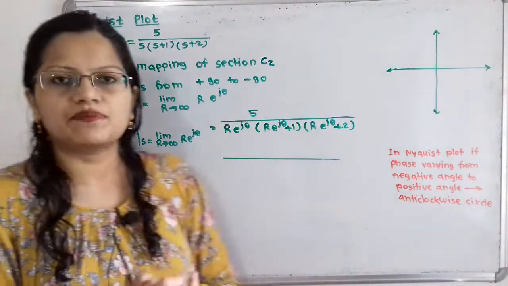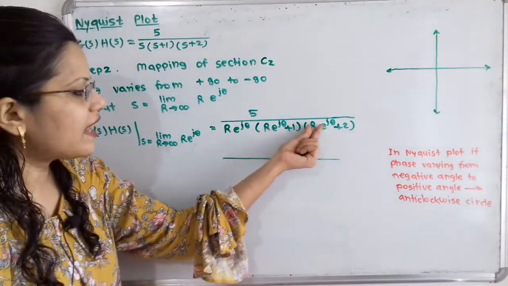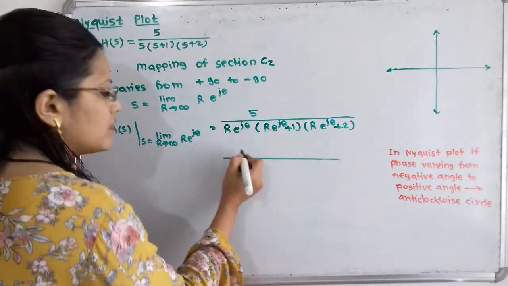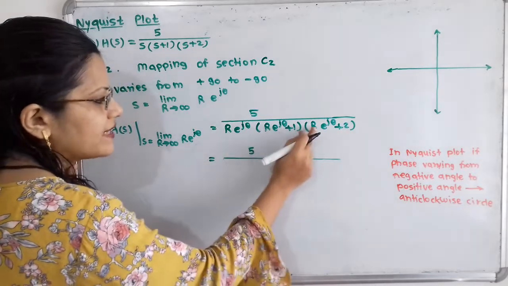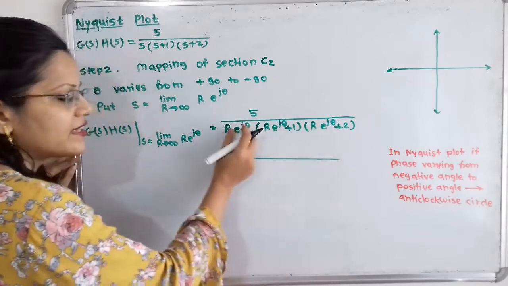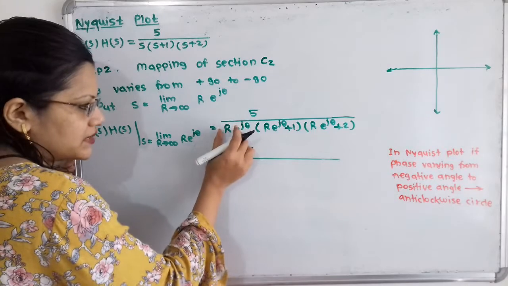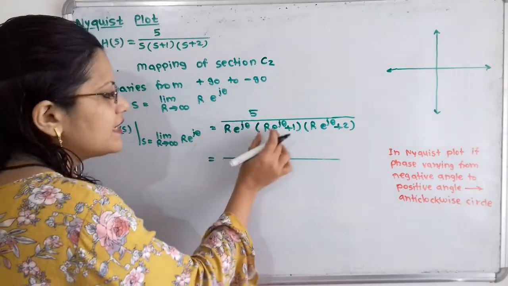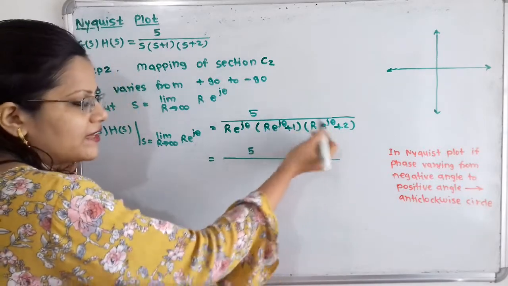Now how we can simplify this? So we will take r e raised to j theta as a common term from these two brackets. So again we will move for the next step, phi. Now if I take as a common term, that is r e raised to j theta, r e raised to j theta. So if we multiply these three terms, this first r e raised to j theta is already present, then from these two brackets r e raised to j theta, that is 2 times.